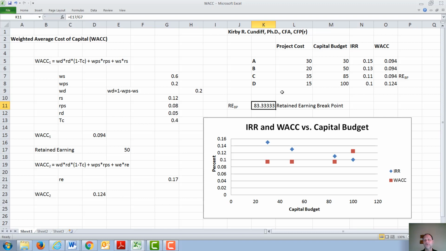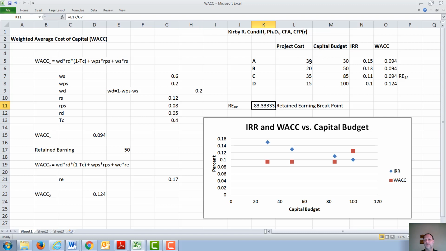We can use this to determine whether the company would finance a project or not. We will look at projects A, B, C, and D with a project cost of $30 million, $20 million, $35 million, and $15 million. We rank these by their anticipated internal rates of return, the highest first: 15% for A, 13% for B, 11% for C, and 10% for D. And if we add up the project cost, we get the total capital budget of new capital for next year.